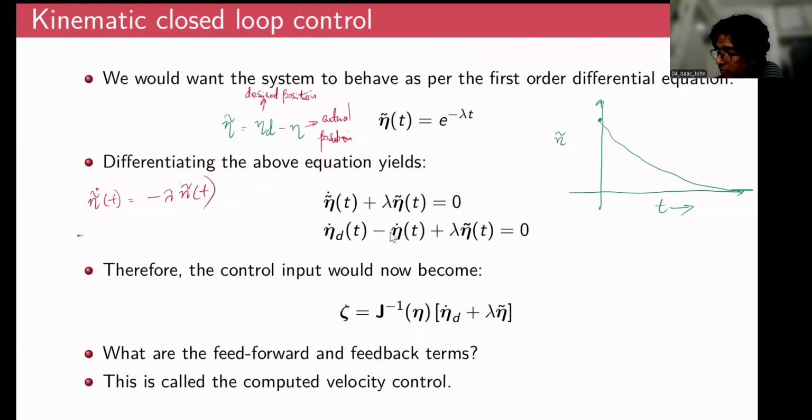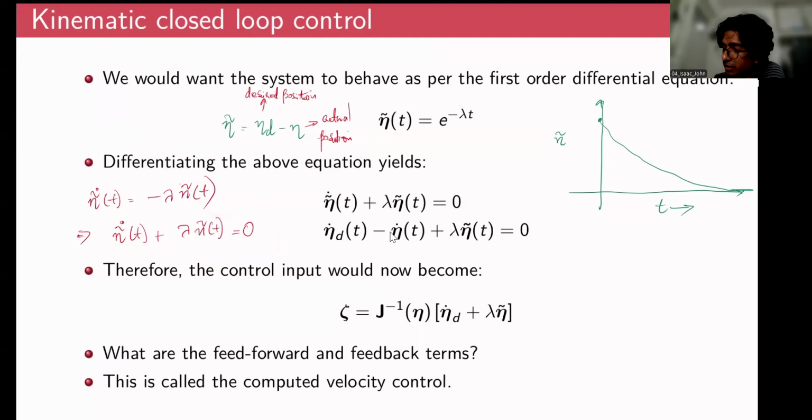So the governing equation would be something like this: eta tilde dot of t plus lambda eta tilde of t equal to 0. So our expected dynamics of the equation would look something like this. This is how we want our system to behave.